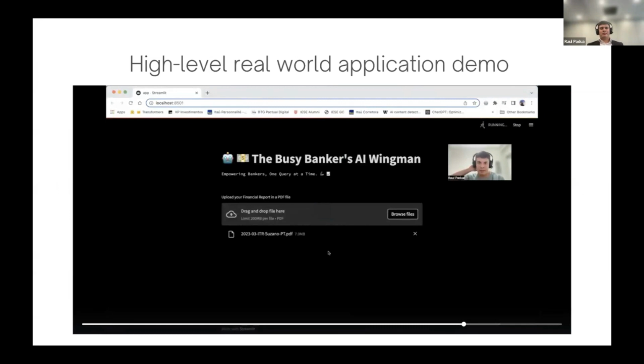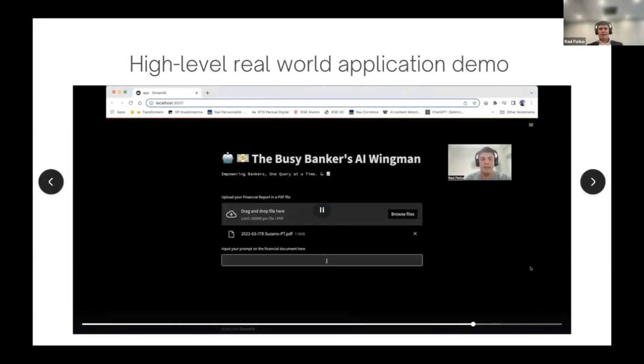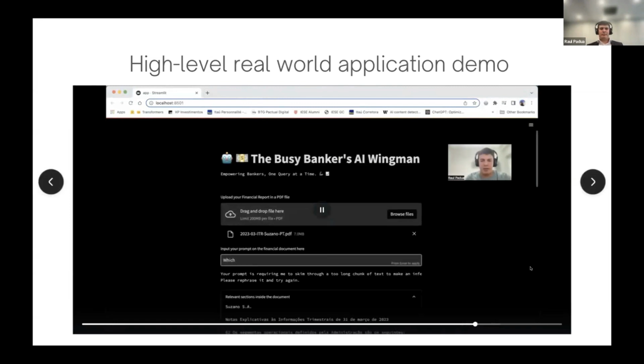It takes a little longer because it's a larger document compared to Apple's 10K. Which were the company's main market operations?